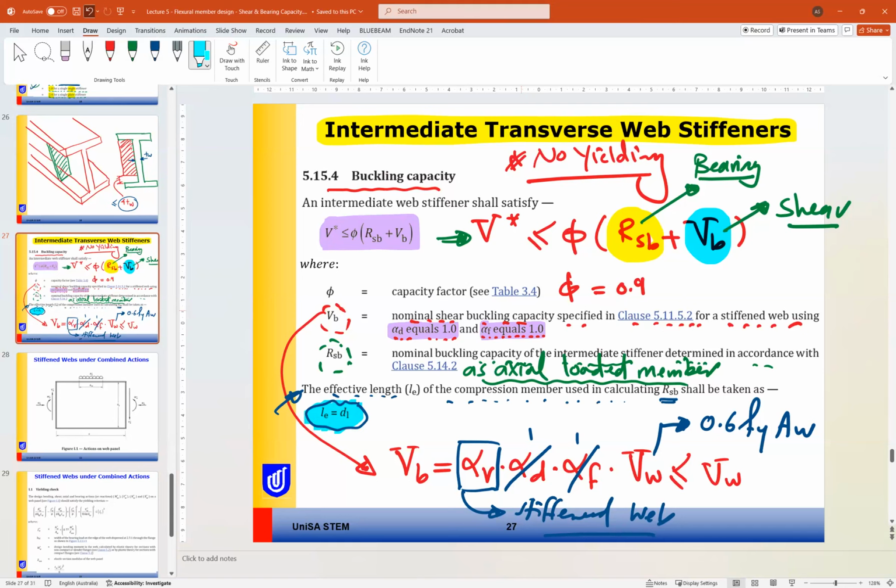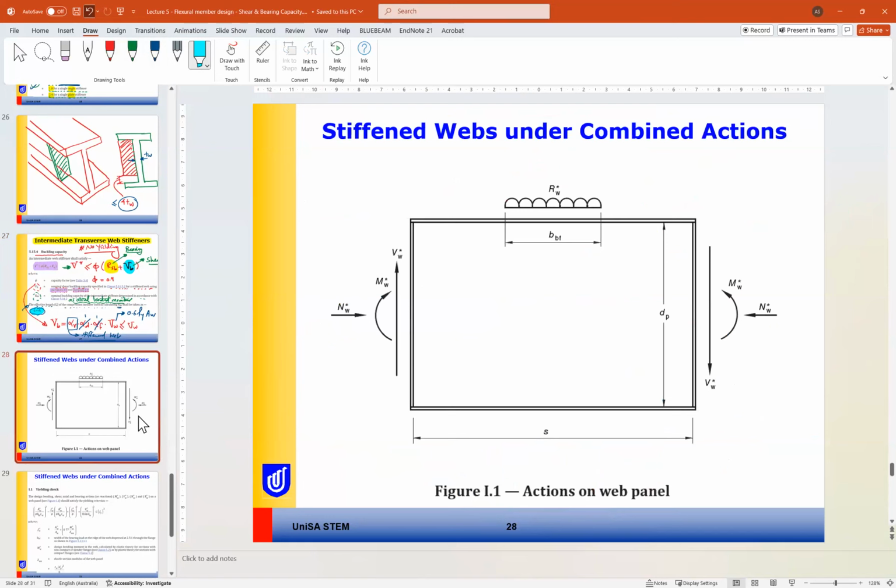Okay, so these are the topics we need for this lecture: the bearing and shear, and the combination of bending moment and shear. Here is some data, some checks, for your information.